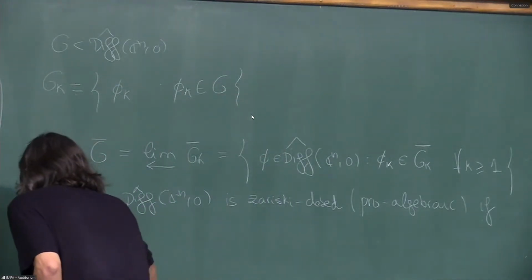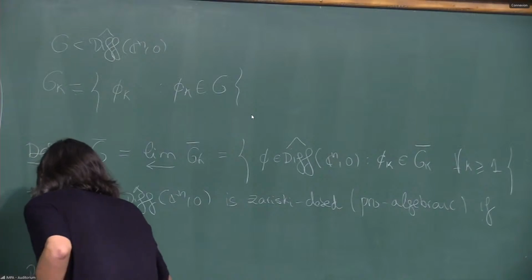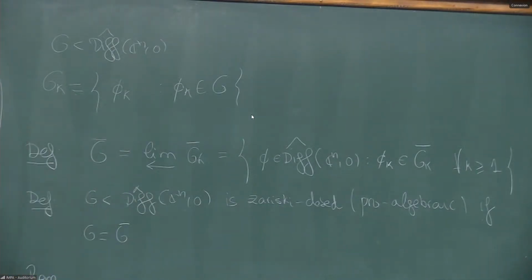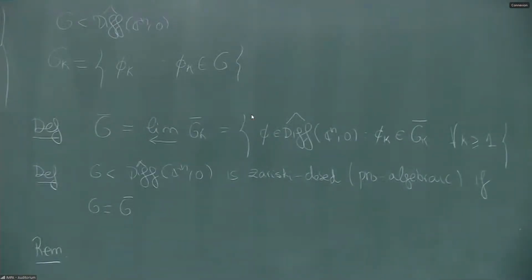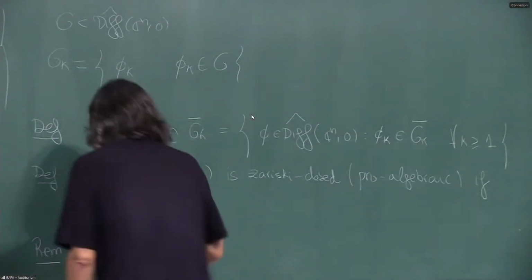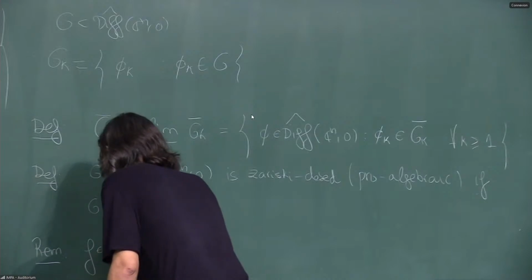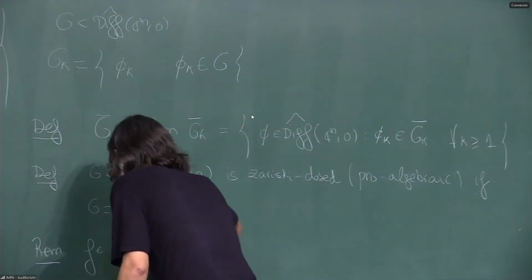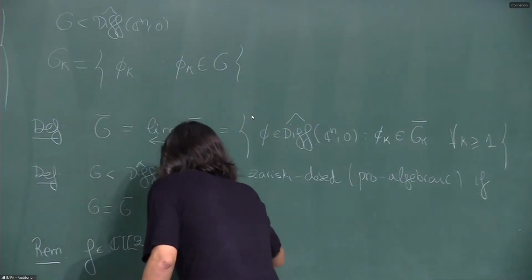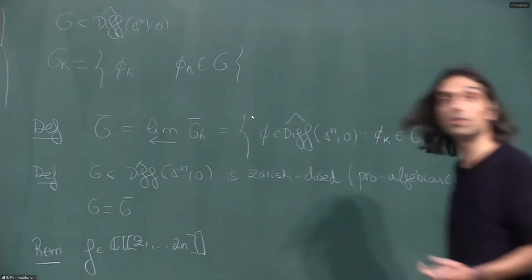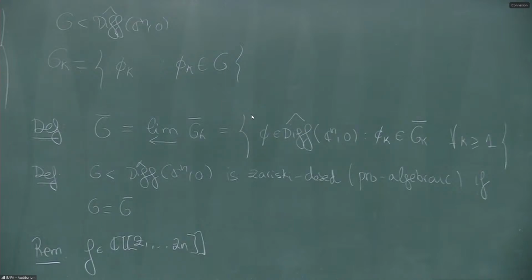And a remark is that invariance properties define in general this kind of Zariski closed groups. For instance, imagine that you consider a formal power series, I think I used this notation the other day. You have a formal power series in n variables, or a function, whatever you prefer.